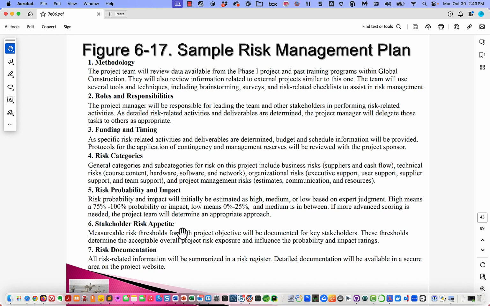When push comes to shove, the organization is going to close ranks and they're going to judge the project by the prevailing risk appetite for that organization or for that industry.